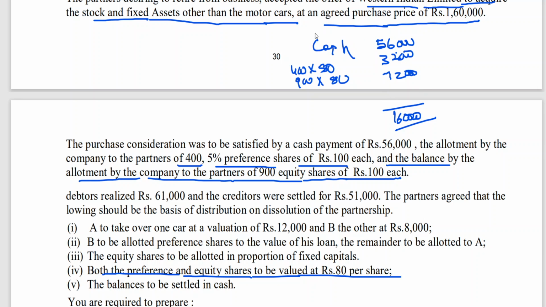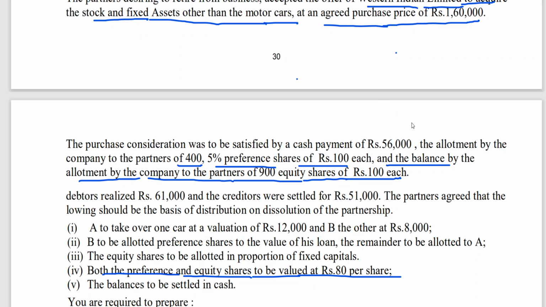Now the thing is, sir, what are the assets they are taking? Okay, they have given 1,60,000. They are purchasing the business. They say that we are going to make a payment of 1,60,000. Now what are the assets they are taking? That is important here. Debtors realized 61,000 and creditors were settled for 51,000.